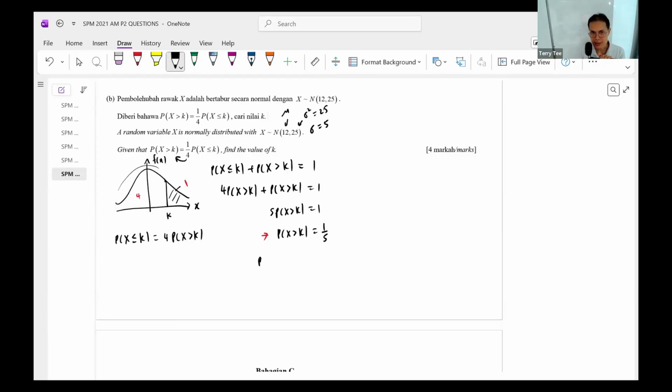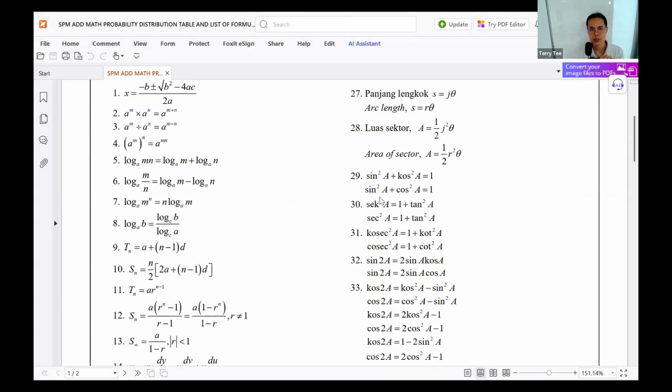Now, let us standardize. Change from x to z, minus your mean. What's your mean? 12. Mean is 12. What's your standard deviation? 5. This is 0.2. Here we have to read from the table. Where's 0.2? Okay, I'm going to use my table here, right?